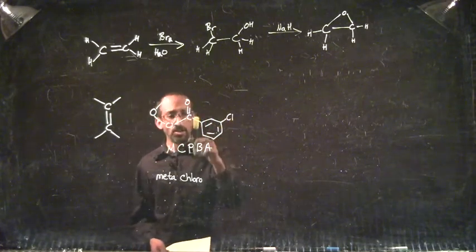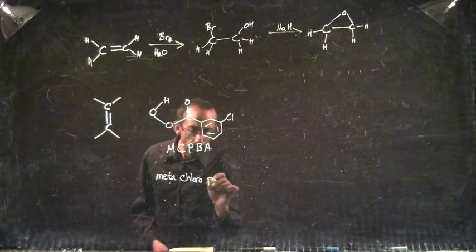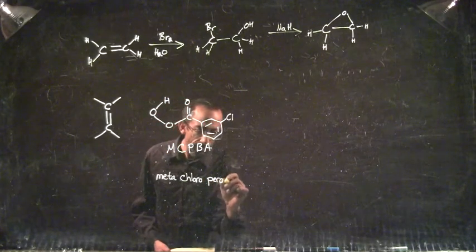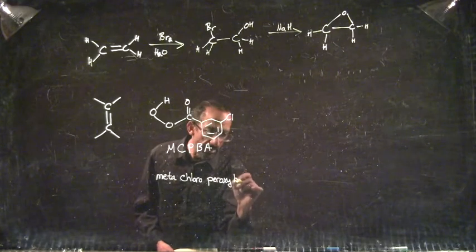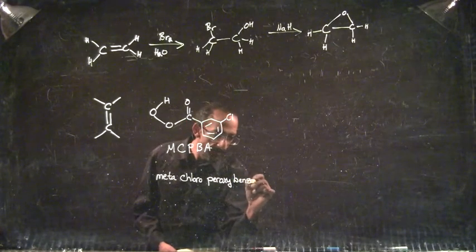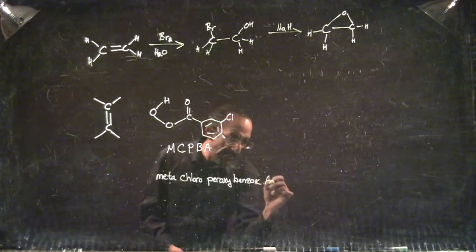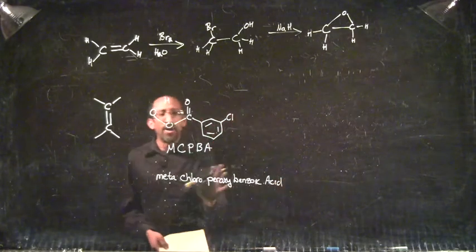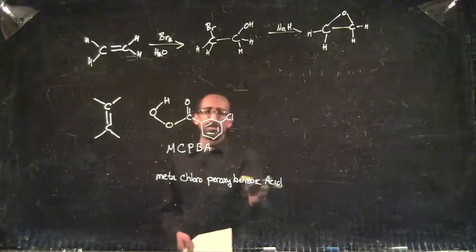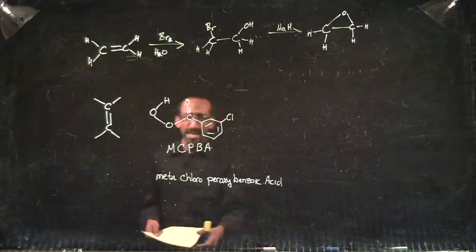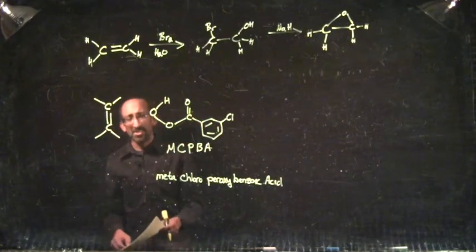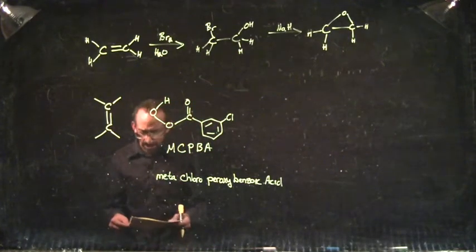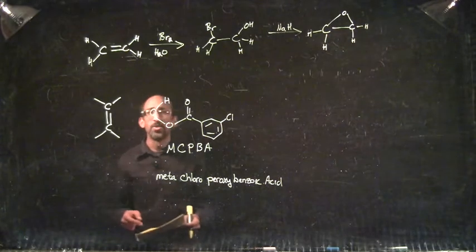So we have a metachloroperoxybenzoic acid. Now, parsing out the rest of the name, peroxy acid, peroxybenzoic acid, that's covered really nicely in the POGO worksheet. So I'm not going to get too deep into it there.